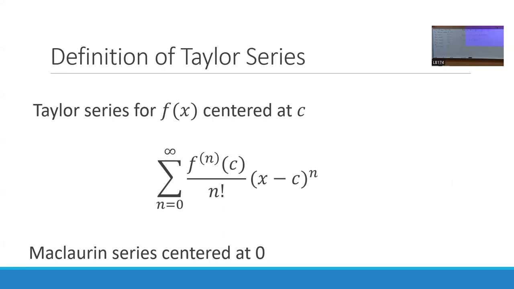So what's the definition of a Taylor series? It's this. It's an infinite polynomial where each of the terms is coming from the Taylor polynomial. It's an infinite series where each term in the underlying sequence comes from a Taylor polynomial.